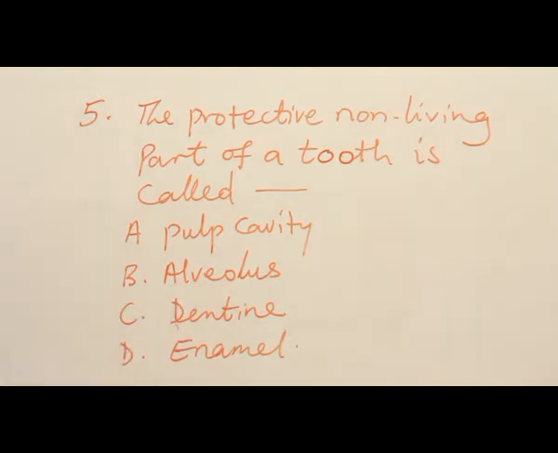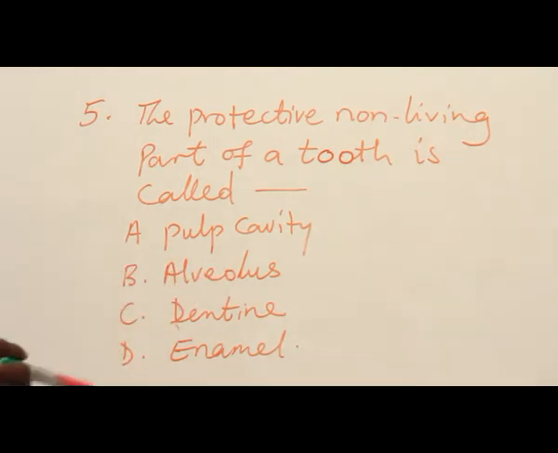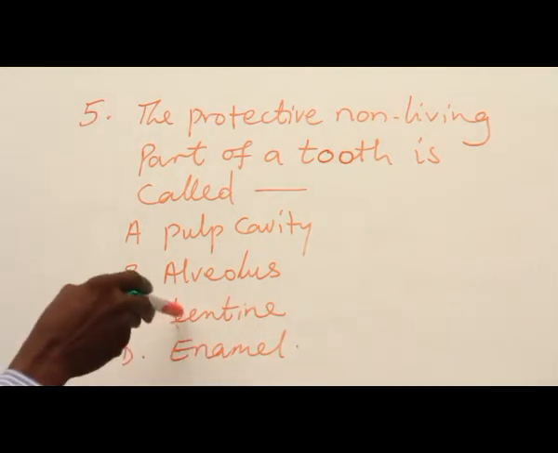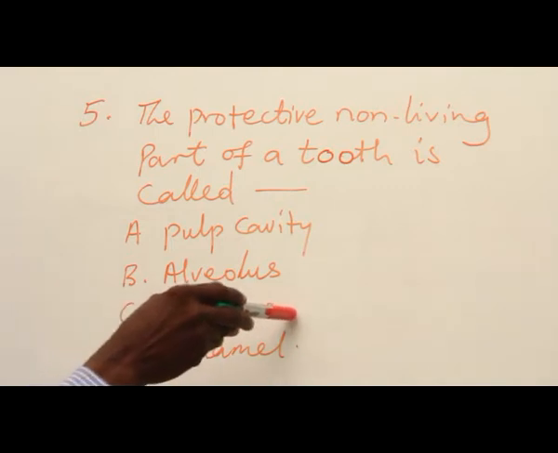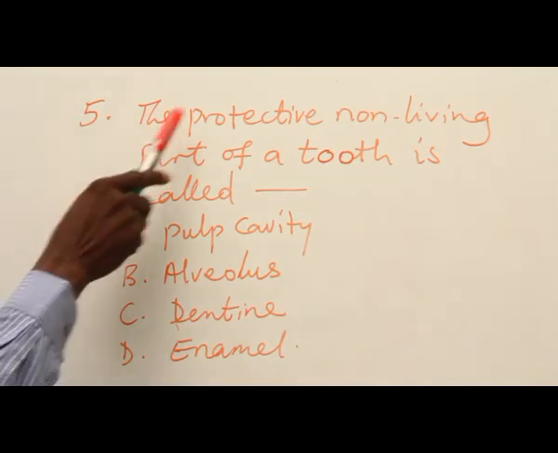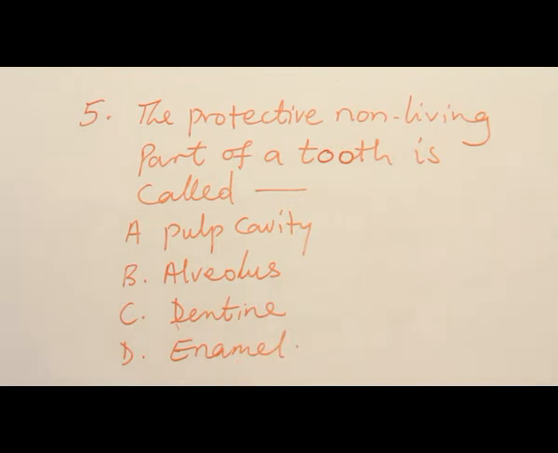Then alveolus is the socket in which the root of the tooth is inserted. Then the dentine is the living part that produces other parts. These dentines have living tissues. While enamel is the whitish hard structure that you see outside a tooth. So the protective non-living part of a tooth is the enamel.